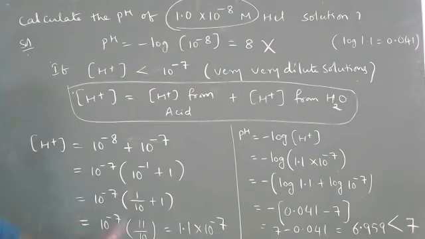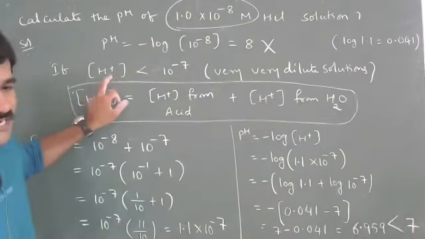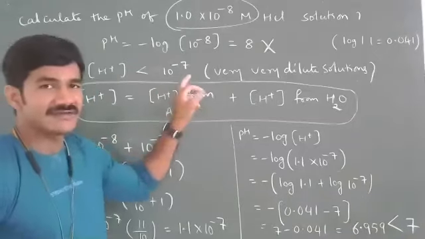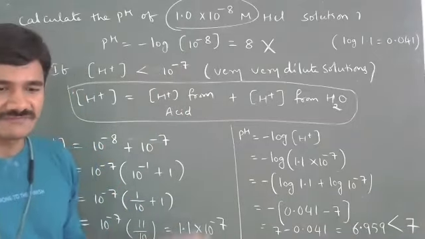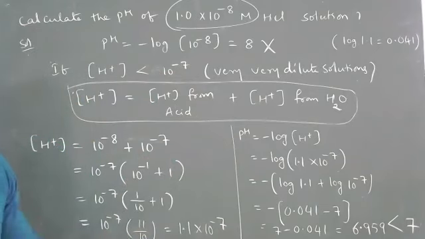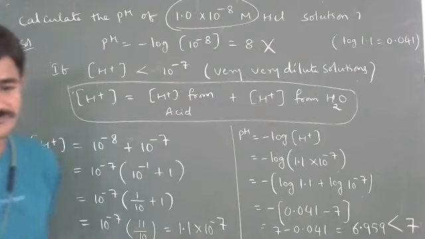Understood? You have to add the H plus concentration from water whenever the H plus concentration is less than 10⁻⁷, like 10⁻⁸, 10⁻⁹, 10⁻¹⁰, 10⁻¹¹, 10⁻¹², 10⁻¹³, 10⁻¹⁴. For that concentration of H plus given, you have to add the H plus from water also.